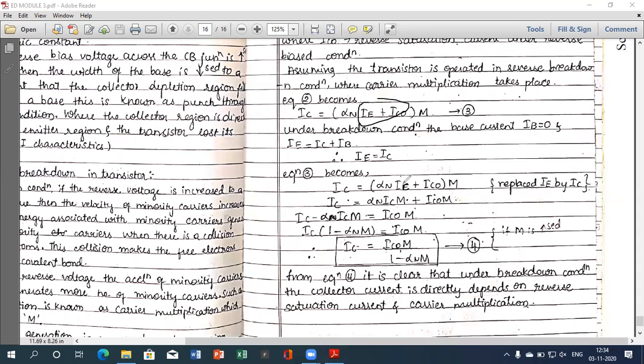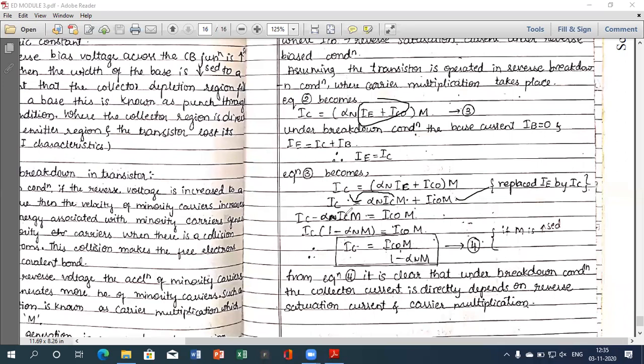So multiply this M into this equation, and rearrange to get the IC terms on one side. This term is moved to the LHS. We'll get IC minus alpha n into IC into M equals ICO into M, where ICO is the reverse saturation current.